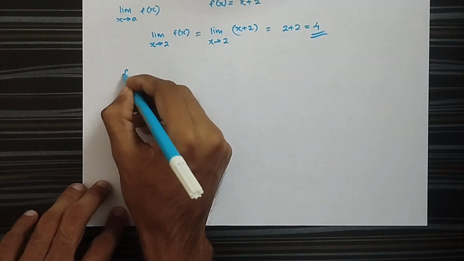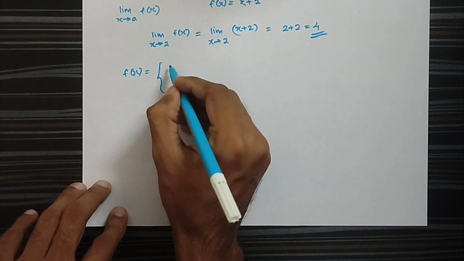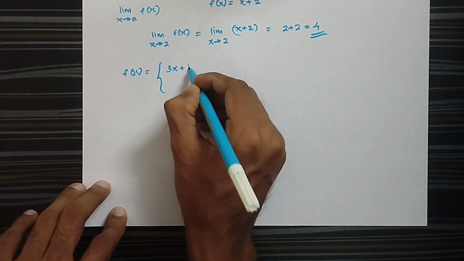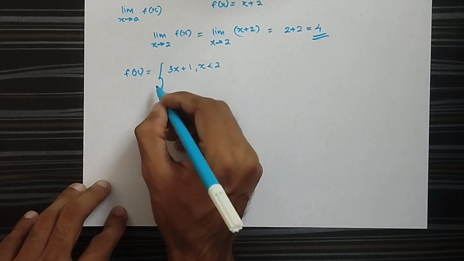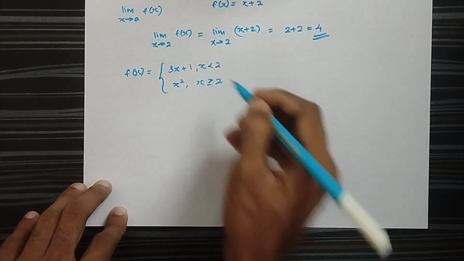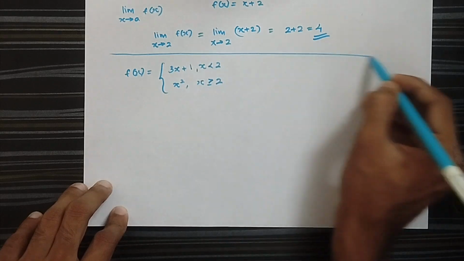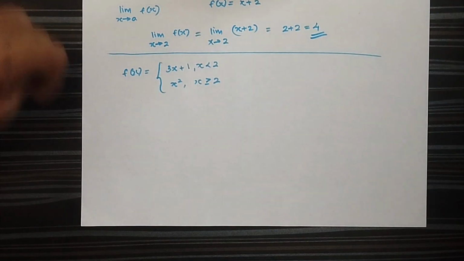Now what if we have a function f of x equal to 3x plus 1 when x is less than 2, and x square when x is greater than or equal to 2? This is a piecewise function. Suppose we find a limit.